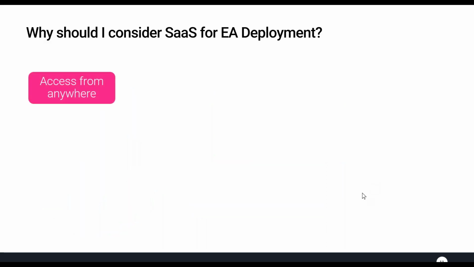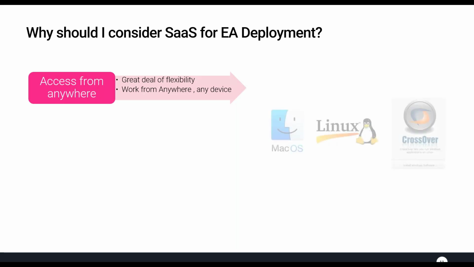to get started with. And why should an EA practitioner consider SaaS for EA rather than going for an install and an on-premise deployment? Firstly, we are talking about accessing through a browser, and a browser directly implies that we don't have any OS dependency.